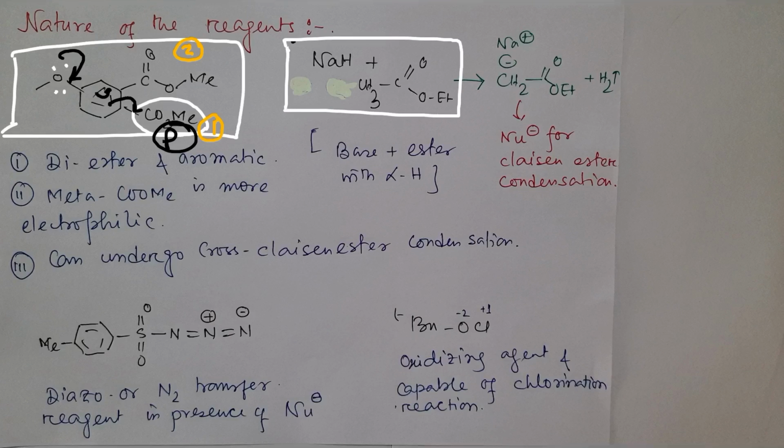So sodium hydride is actually a base. Just remember that sodium hydride is a good base, whereas sodium borohydride is a good nucleophile. Fine. So if sodium hydride acts as a base, which proton does it abstract? The alpha proton of the ester.